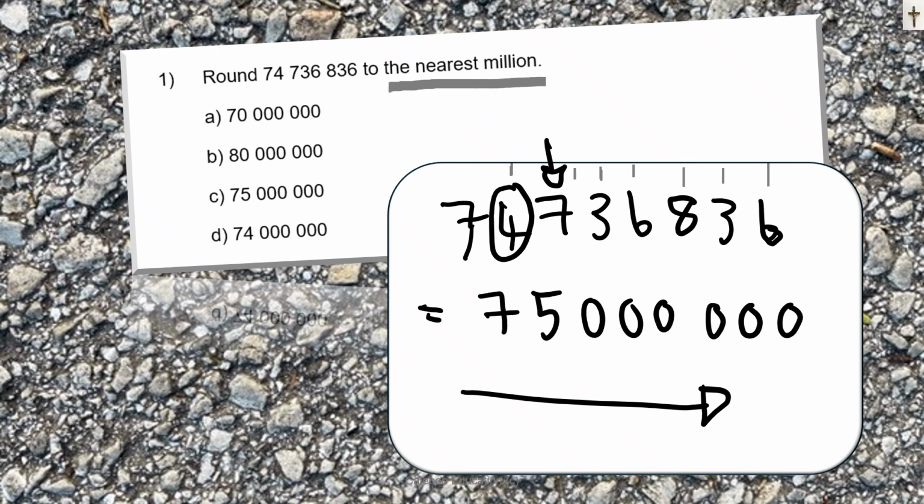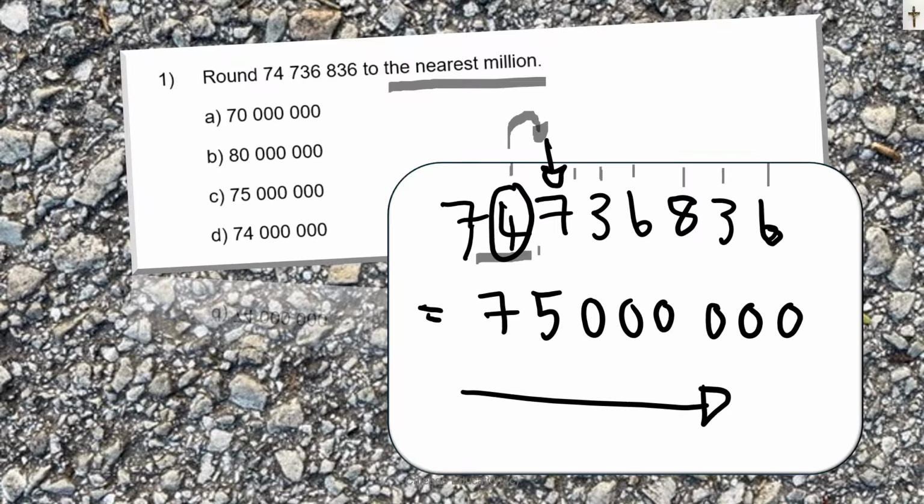So we identify that the 4 represents millions. Once we've found the right unit, and this one is rounding off to millions, we look to the number to the right, and if it's 5 or bigger, we round off to a unit bigger.